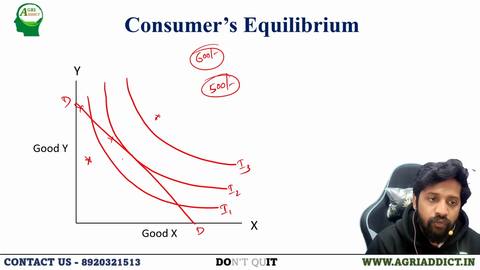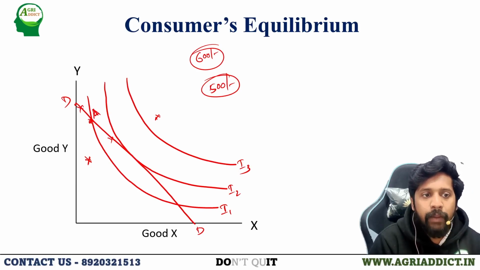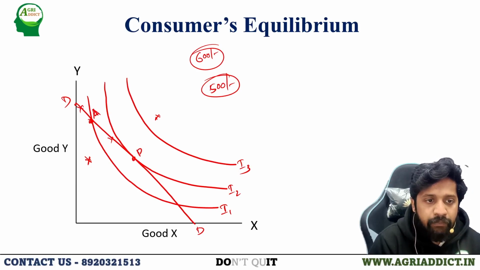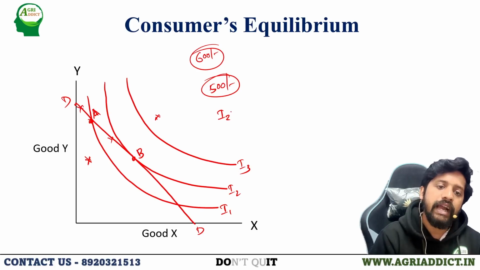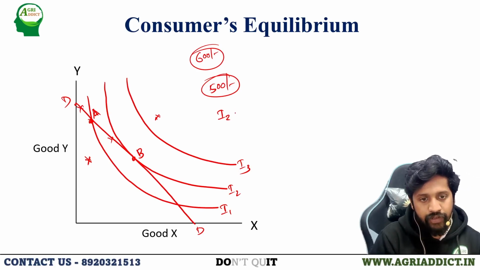So this is my first point A. Here, I am sticking onto the budget line itself, but in B, as we have already discussed, the utility level enjoyed on a higher indifference curve will be higher than that of the previous one, right? So the satisfaction I feel in I2 will be greater than in I1.